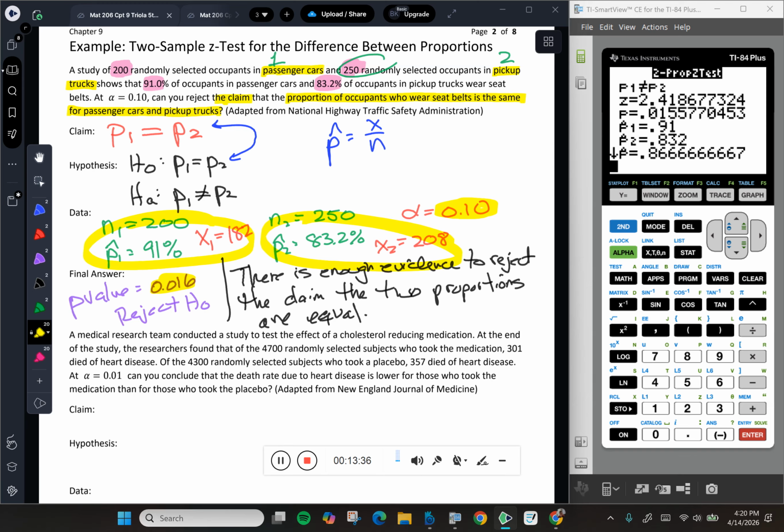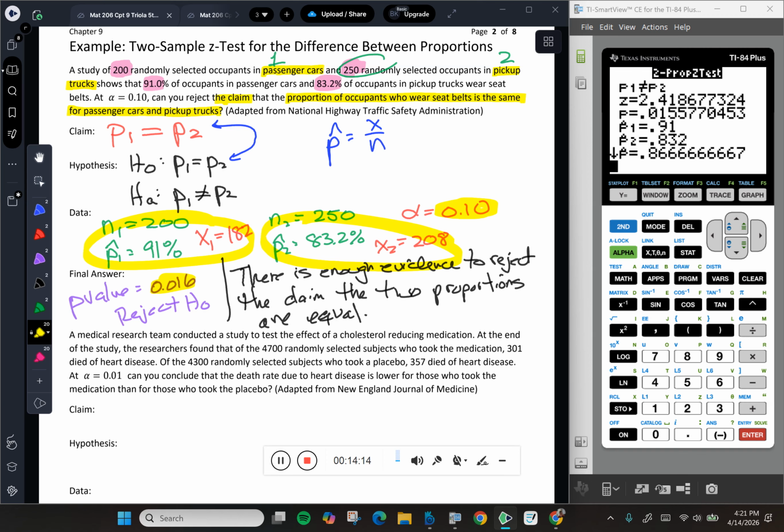The test said that the probability of our sample data being what it was is about a 1.6%. Right? We are going to reject the null as long as our alpha level, our possibility of making a mistake, is 10% or less. We're at a 1.6% chance of making a mistake here, of rejecting the null when we shouldn't, so we're going to reject. We say that there is enough evidence to reject the claim. Right? The chance of this happening randomly and being that far out there on that tail, pretty small.